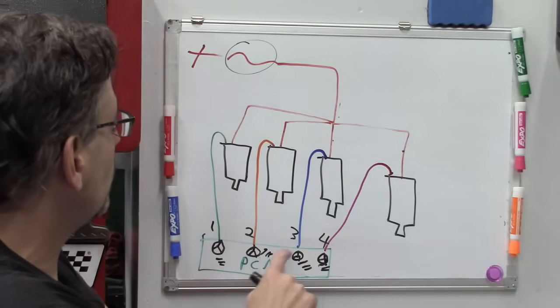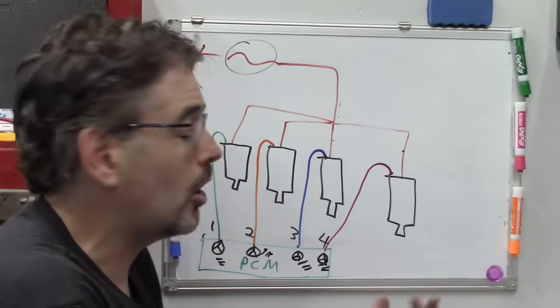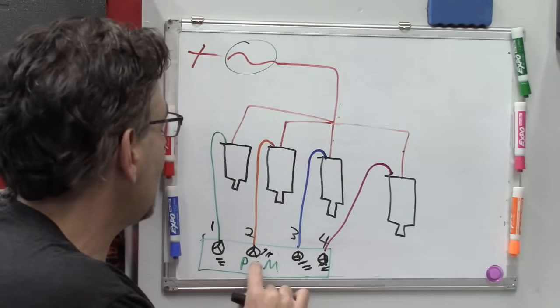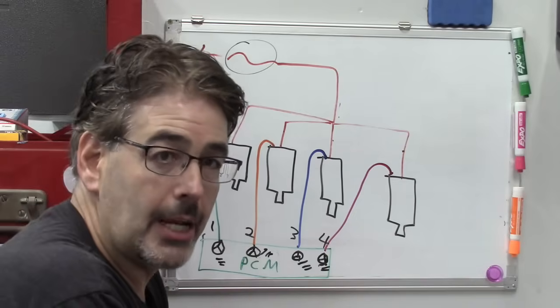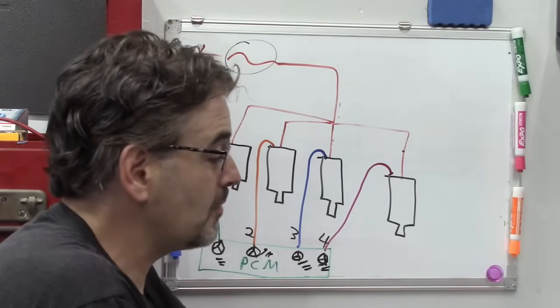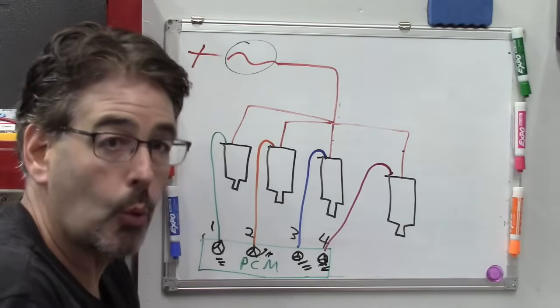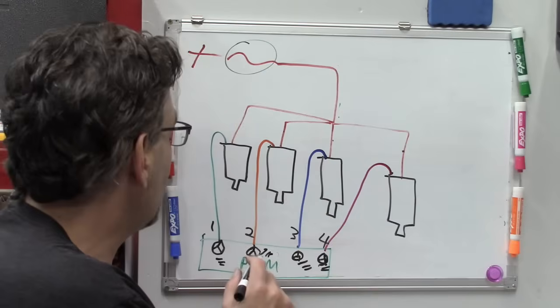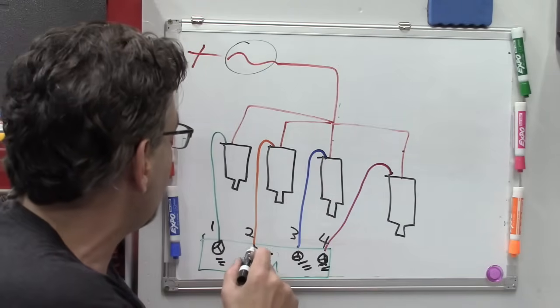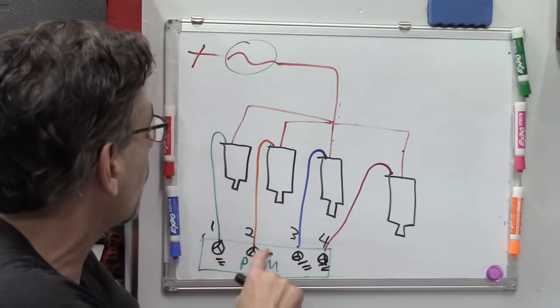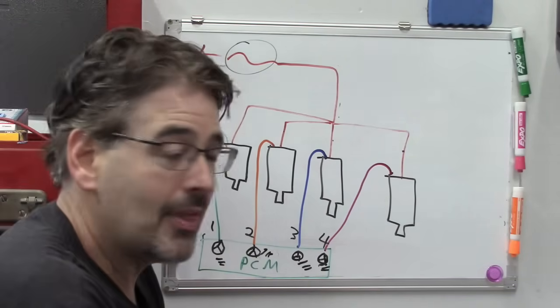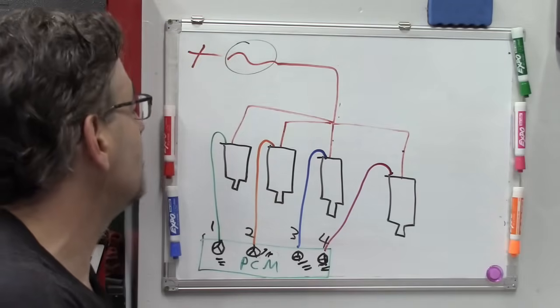Each has its own transistor, sometimes called a driver, and the PCM will know from various inputs, typically camshaft position sensor, crankshaft position sensor, one or both, which one of these to close to ground and then when to open it again.